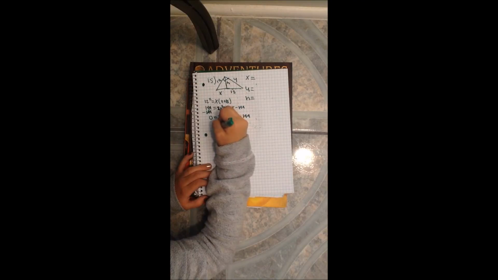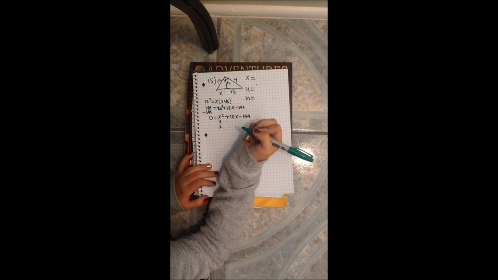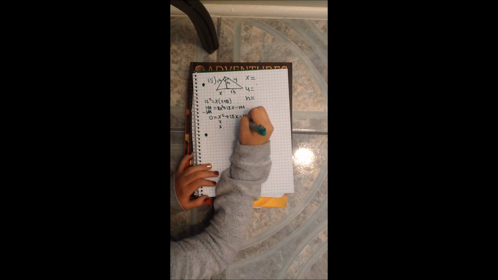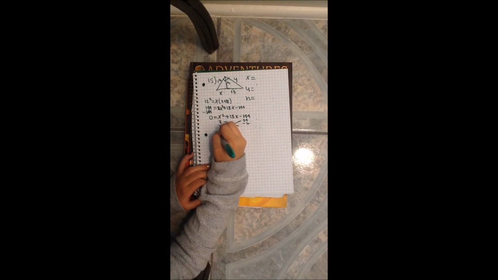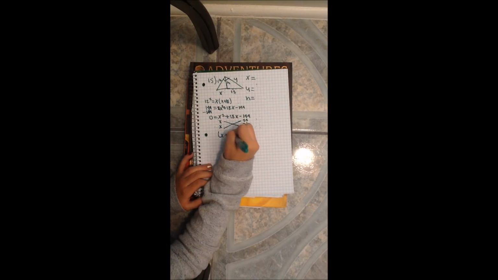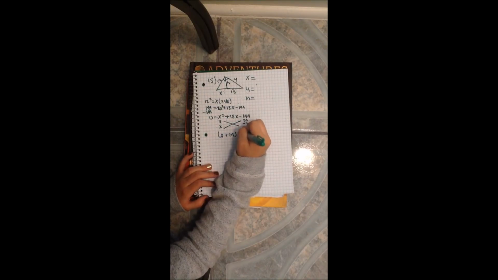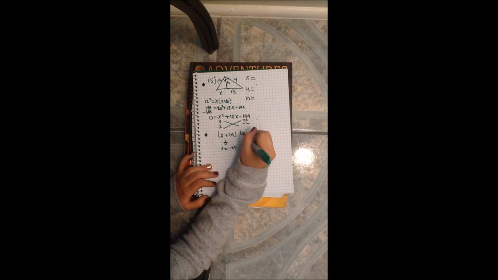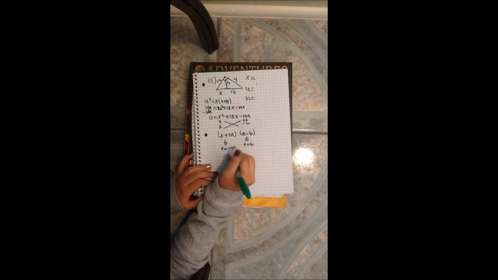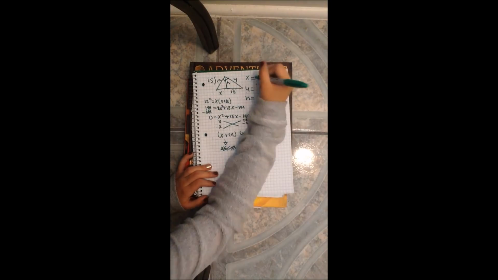Now find multiples of 144. So 24 and minus 6. You do x plus 24, and then x minus 6. Now x here would equal negative 24, and here it would equal x equals 6. But my x can't be negative, so this one is automatically out, which means that my x has to equal 6.